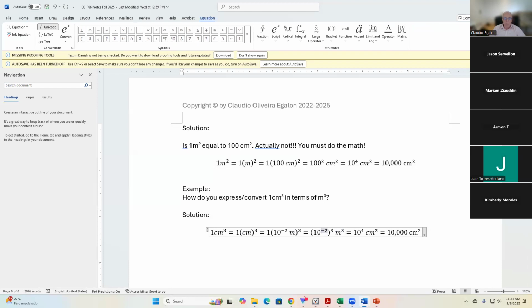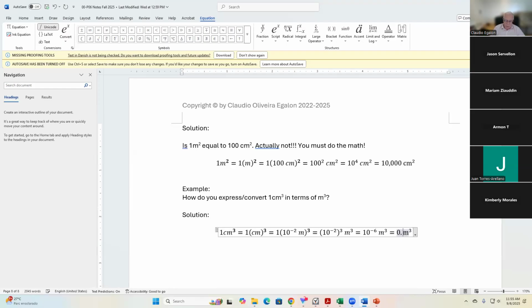I'm going to repeat the one here, although it's not necessary. And then we finish our calculation. 10 to minus 2 raised to the cube is 10 to minus 6. We have our meter, that's cubic, and 1 divided by 1 million. That's what 1 cubic centimeter is in terms of a cubic meter.